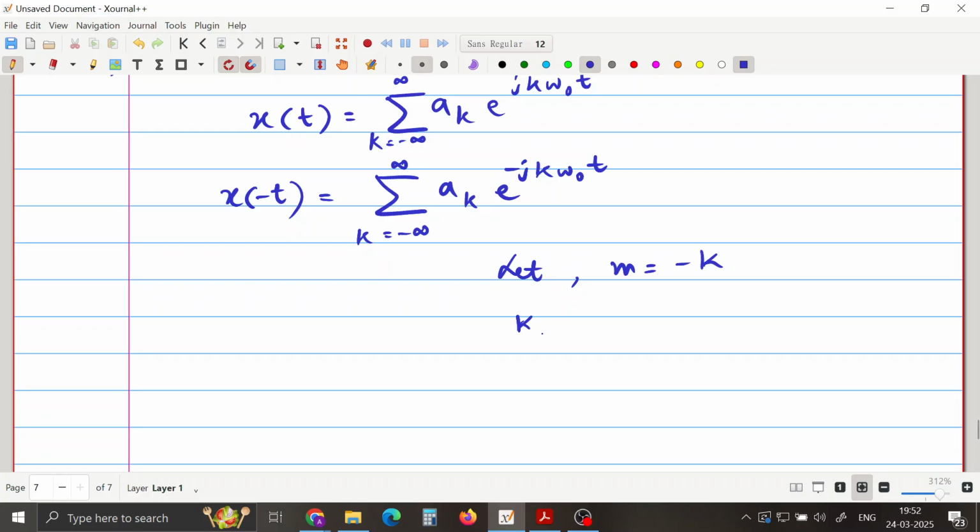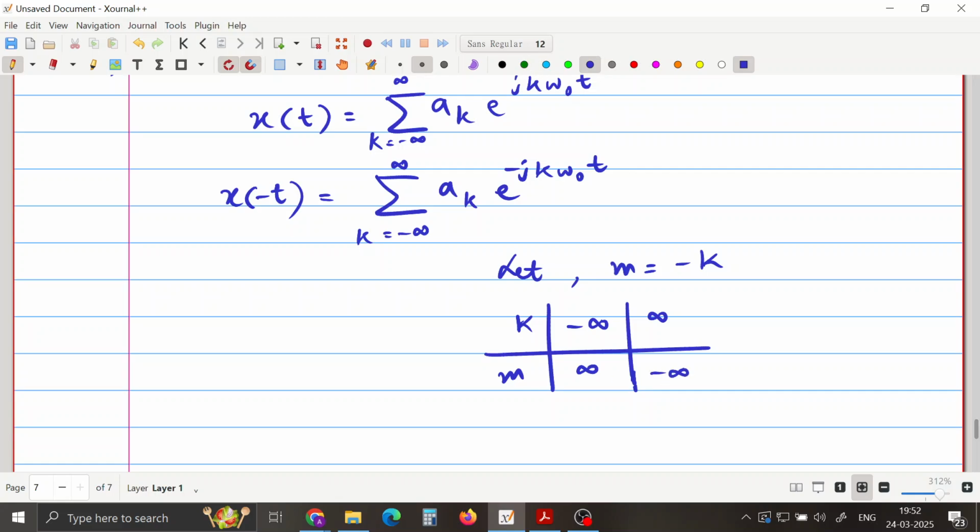Accordingly we have to adjust the upper and lower limits. Our previous variable k was running from minus infinity to infinity, and it's an integer. Our new variable m, which is the negative of k, runs from plus infinity to minus infinity.